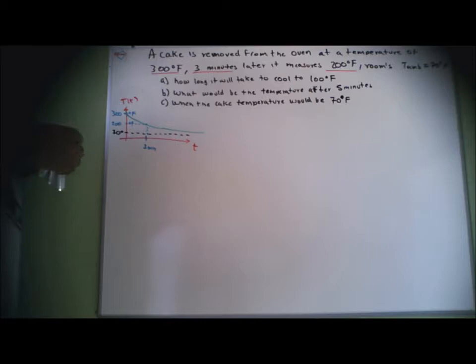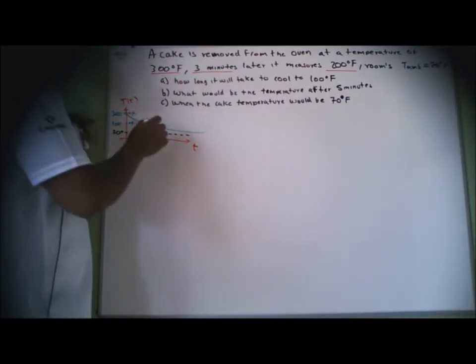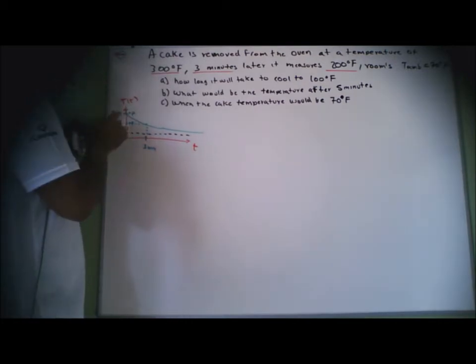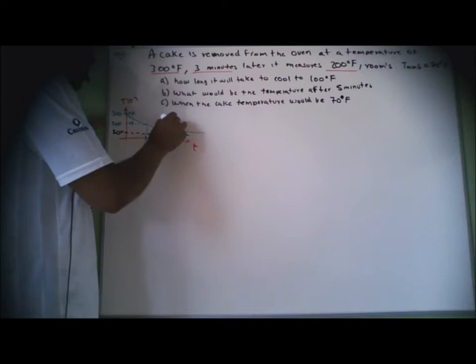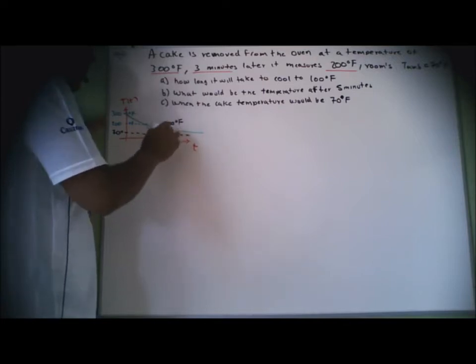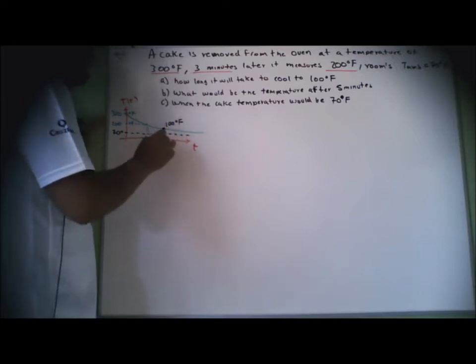Now, inciso A. How long will it take to cool to 100 degrees Fahrenheit? So what they're asking is about this point, somewhere here, because it's 300 degrees, 200 degrees, so I assume that somewhere here is 100 degrees Fahrenheit. And they are asking what is that time.